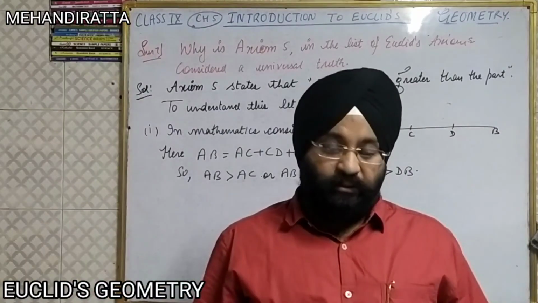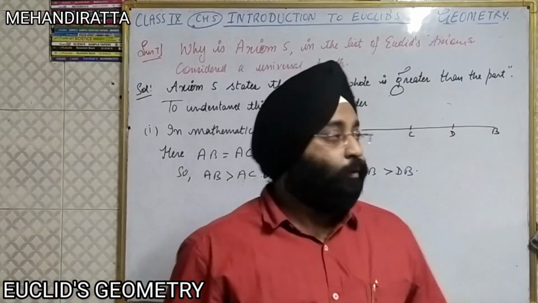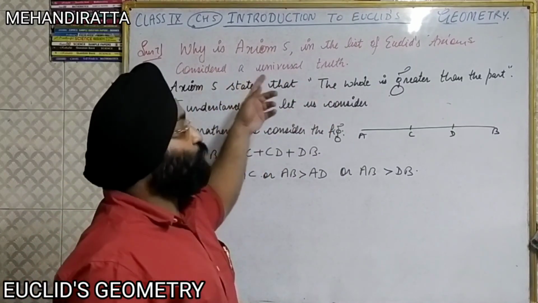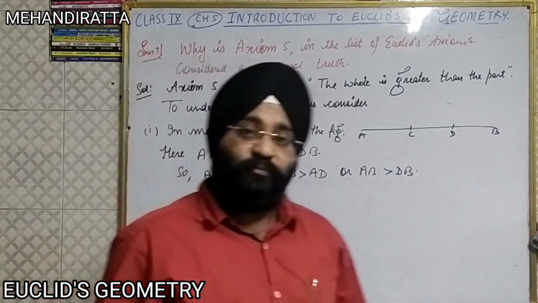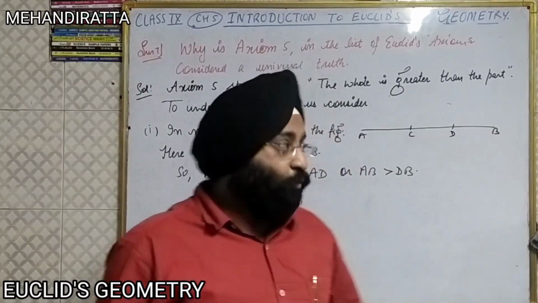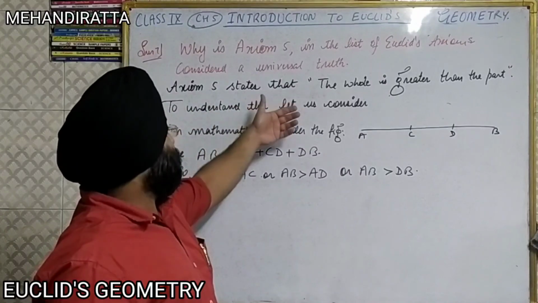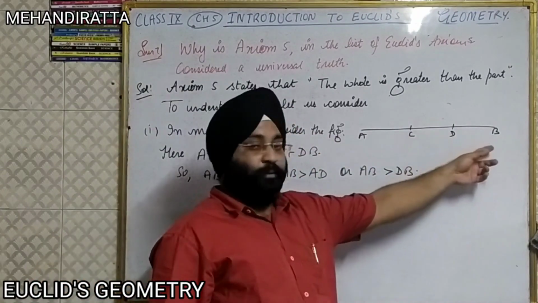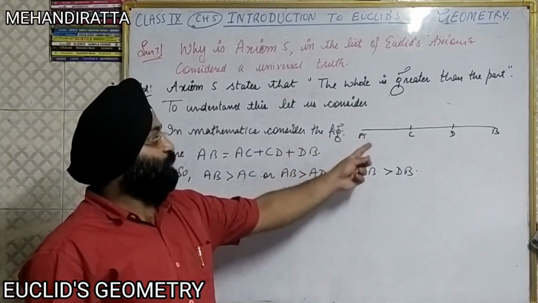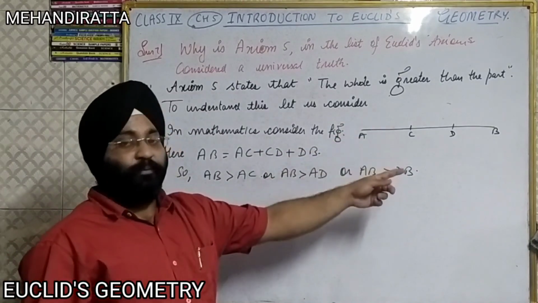Now is last sum, seventh sum. Why is axiom 5 in the list of Euclid axioms considered a universal truth? Axiom 5 states that the whole is greater than a part. For this, let us consider one example. AB. Here AB is equal to AC plus CD plus DB.